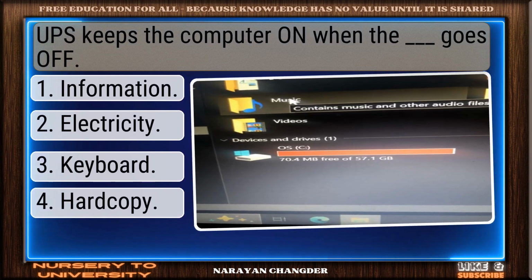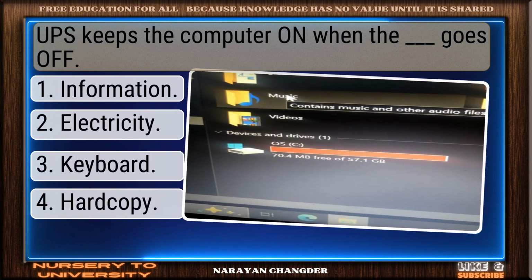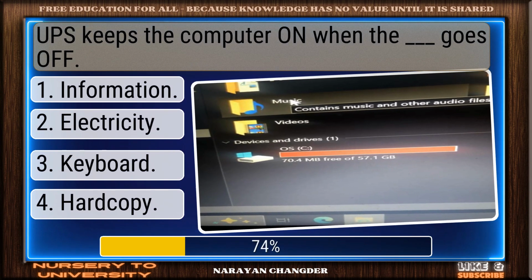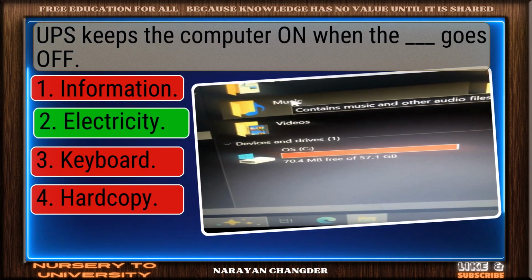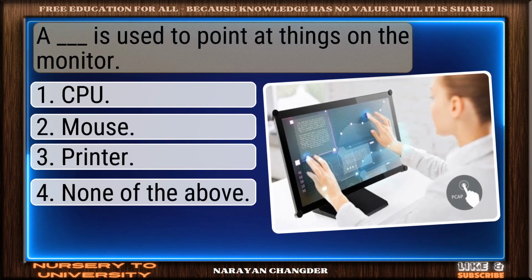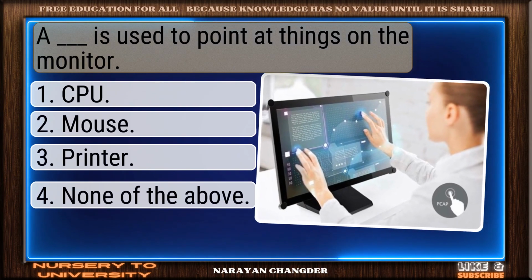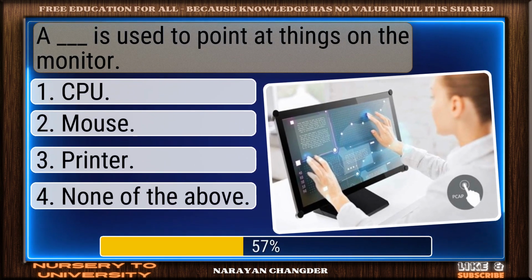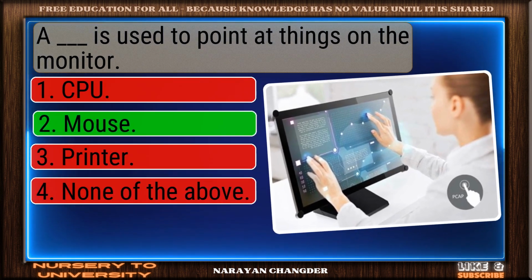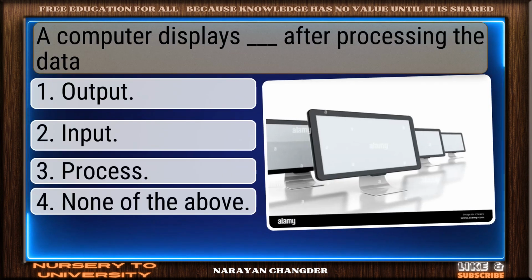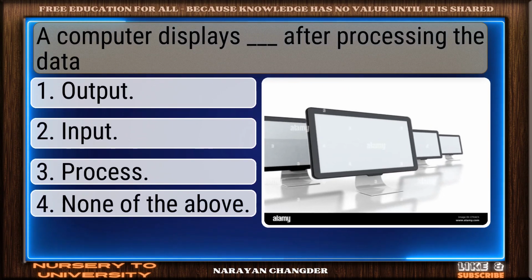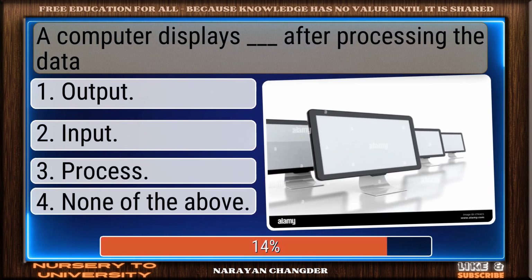UPS keeps the computer on when the dash goes off. Bravo. Electricity is the answer. A dash is used to point at things on the monitor. Good job. Mouse works well here. A computer displays dash after processing the data.